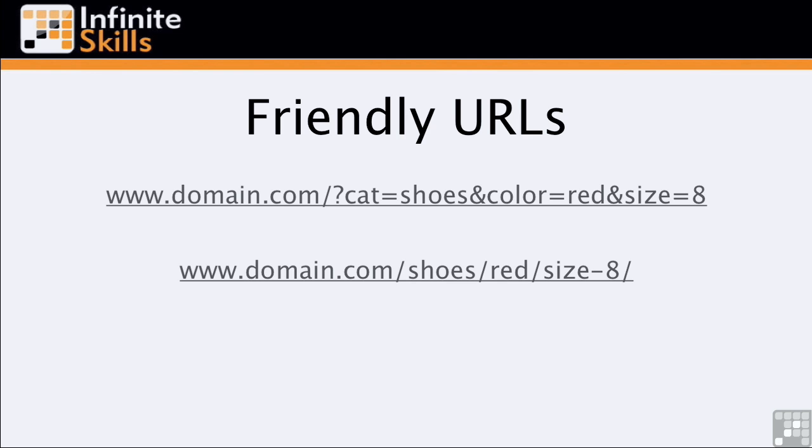So let's say, for example, it's domain.com/?, and then the URL parameters are the category, which is shoes, the color, which is red, and the size, which is 8. Using a URL rewriting technique, you can rewrite this URL so that to Google and to the users, it will look a lot more friendly like the one beneath it: domain.com/shoes/red/size-8. Obviously that is a much easier to read URL and it's a lot cleaner.